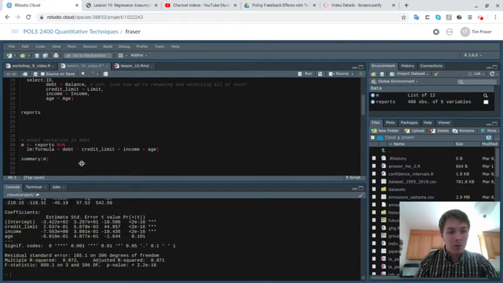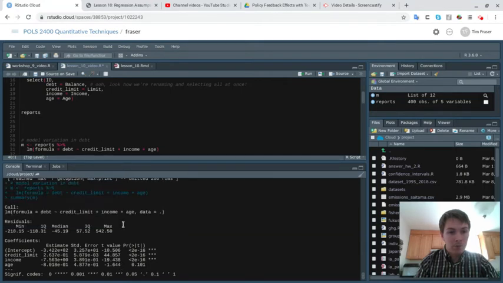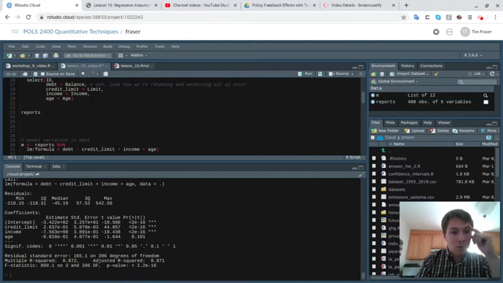Okay, what can we tell about our model? So we've got our model equation. We've got the distribution of residuals here. We've got our beta coefficients for each variable.